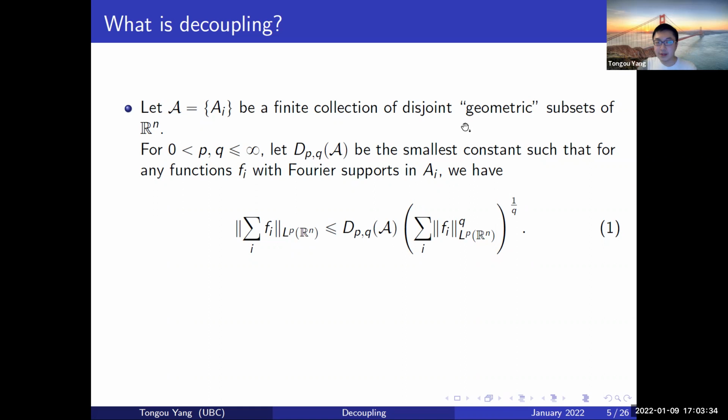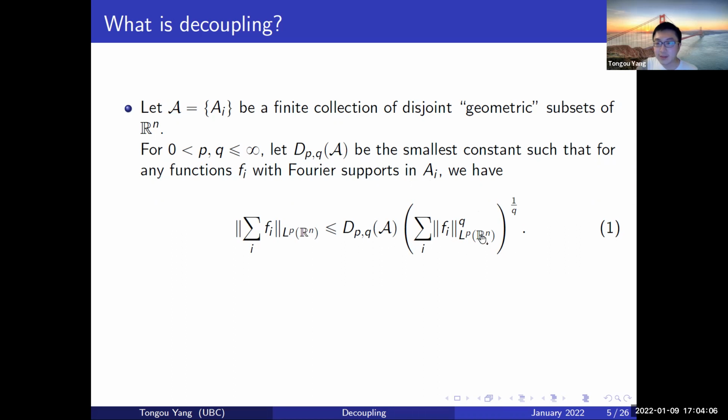Given these geometric subsets and given two Lebesgue exponents p and q, we denote by D_{p,q}(A) the smallest constant such that for any functions f_i, which are test functions, each of them has Fourier transform supported in A_i, we have the following inequality. Notice that we have the Fourier support instead of physical supports. On the left-hand side, this is the L^p norm of the sum of those functions.